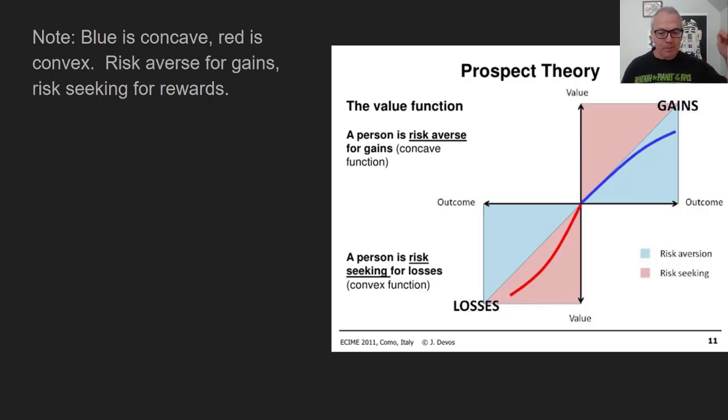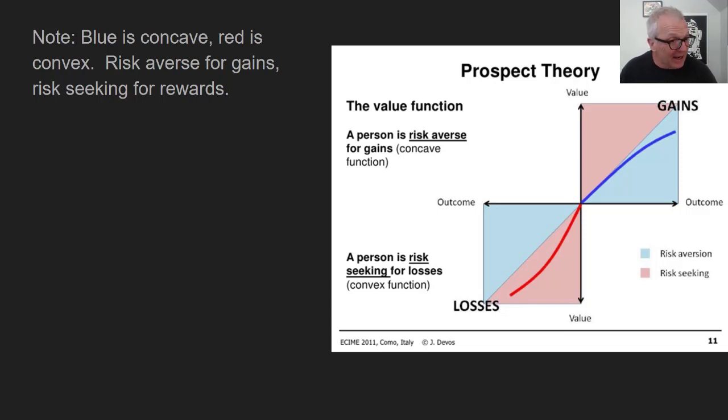So if we were attaching exactly the amount of psychological value to something that's equivalent to how much it's worth, then you would expect to see that perfect 45-degree line that goes exactly through the whole chart. That's expected value theory.